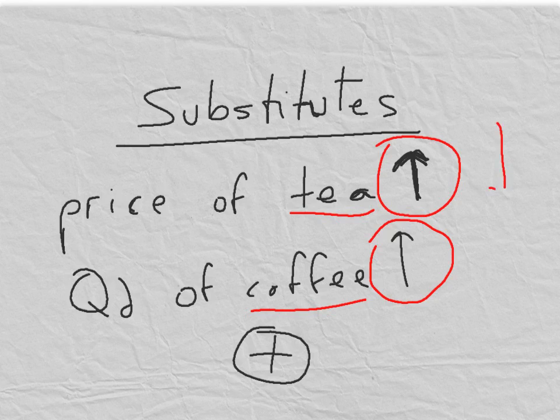If the price of tea went down, people would switch away from coffee, and so the quantity demanded of coffee would go down. Either way, this would lead to a positive cross-elasticity of demand between tea and coffee. So we can tell if two products are substitutes of one another if they have a positive cross-elasticity of demand.